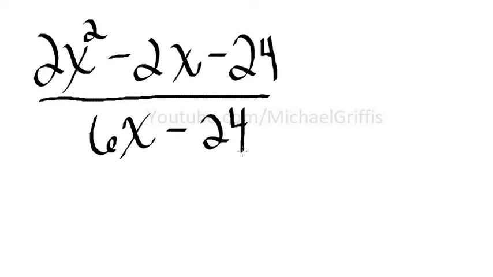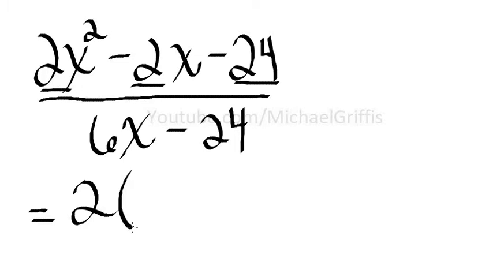All right. So let's look at the numerator. We have a 2, another 2, and a 24. Well, we know that 2 goes into 24, so we'll be able to factor a 2 out, and we should always do that first. Factor what we can out of there.